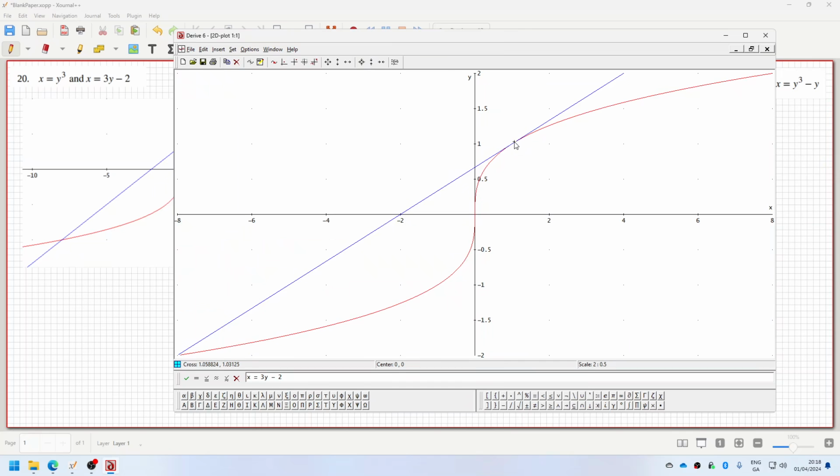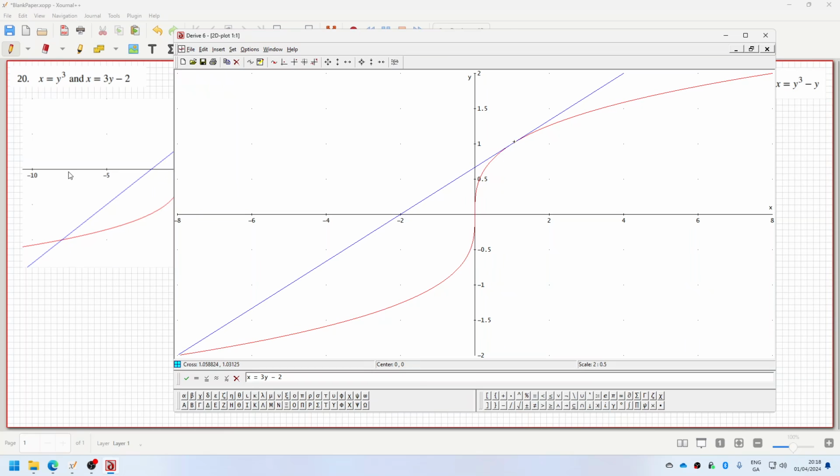At 1. That's definitely 1, because when y is 1, x is 1. And yeah, so that's 1. But what about down here?